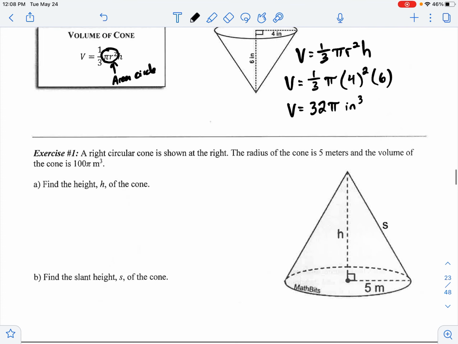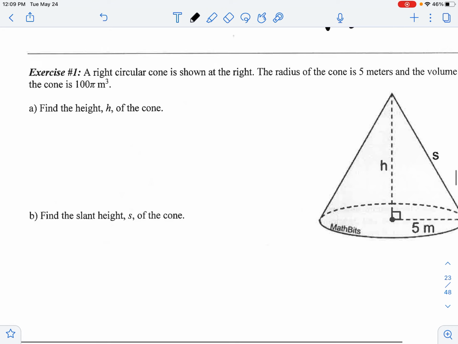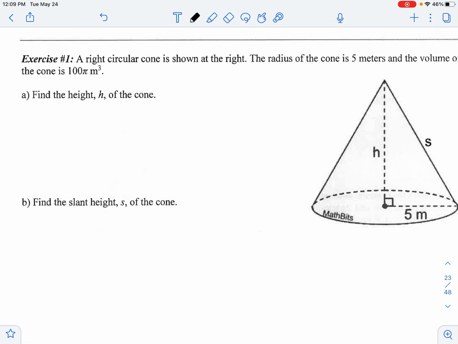All right, let's look at the first example here. A right circular cone is shown at the right. The radius of the cone is 5 meters, and the volume of the cone is 100 pi meters cubed. Find the height h of the cone. Okay, so this one's a little different because we have the volume, and we want to find the height h.